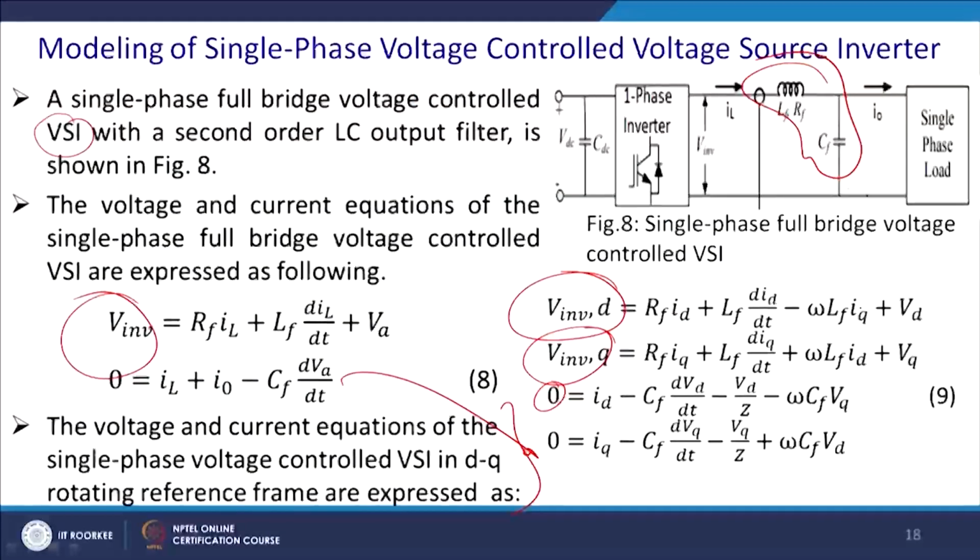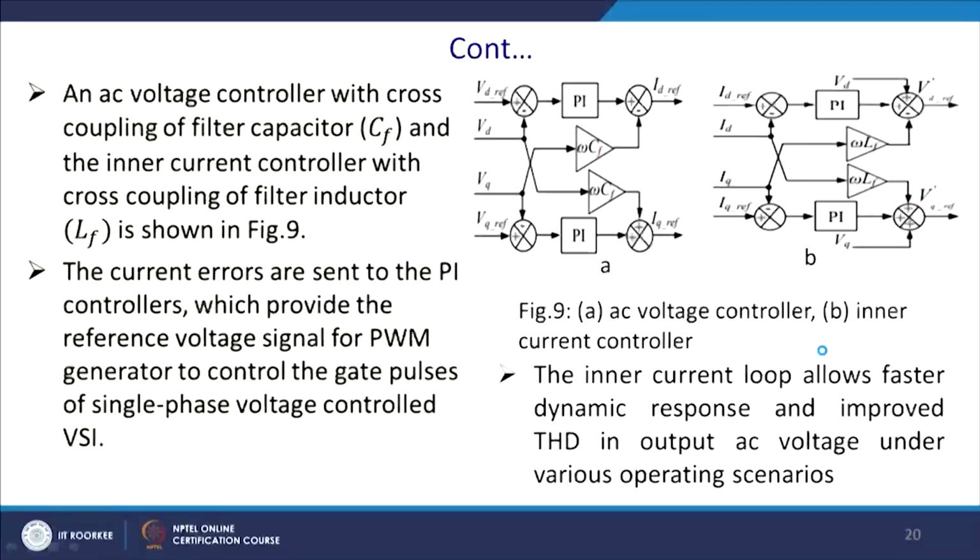This term is essentially cross coupling, here it is IQ and here it is ID. That is what I am saying. So, an AC voltage controller with cross coupling of filter CF, and the inner current controller with cross coupling with the LF, as shown in the figure.